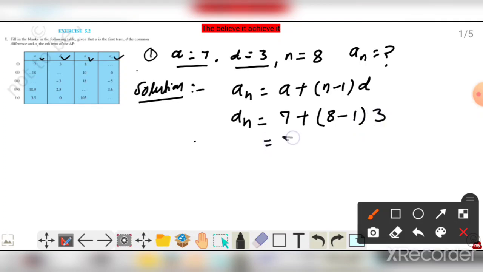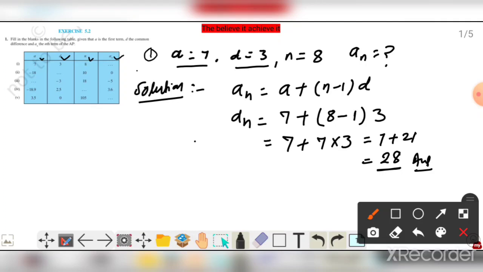What will be the value? 7 plus 7 into 3, so 7 plus 21 equals 28. In the very first part, the answer will be 28.